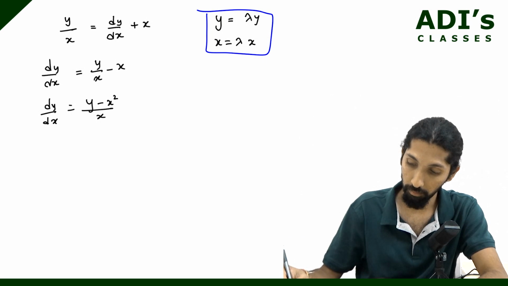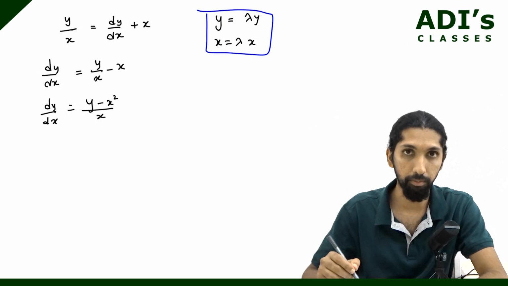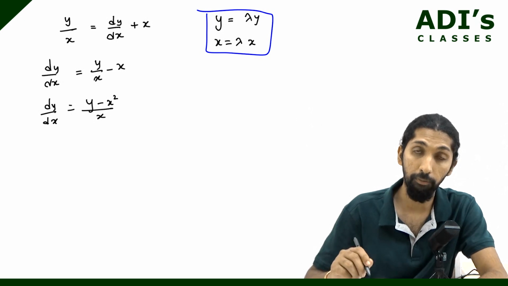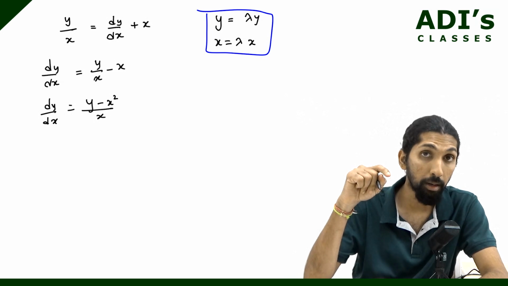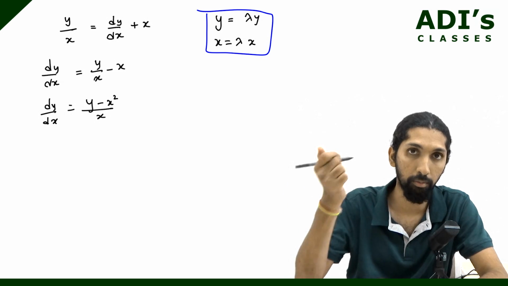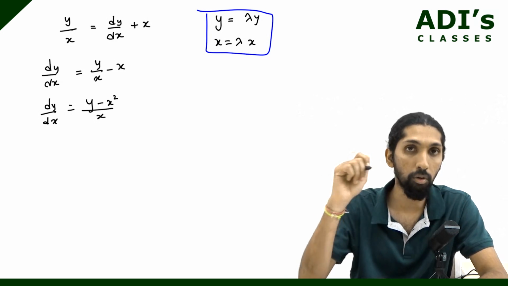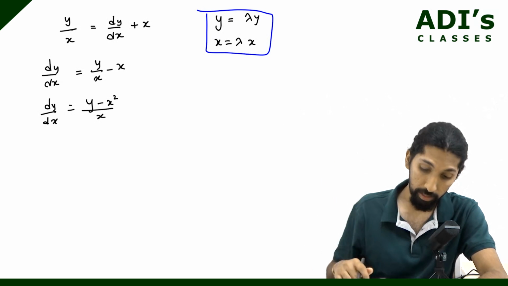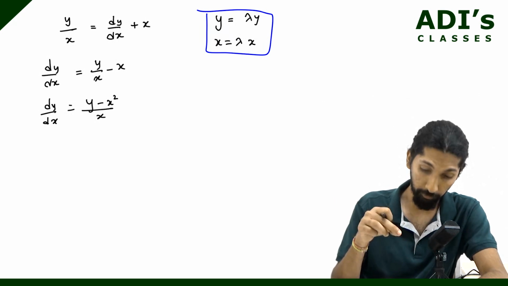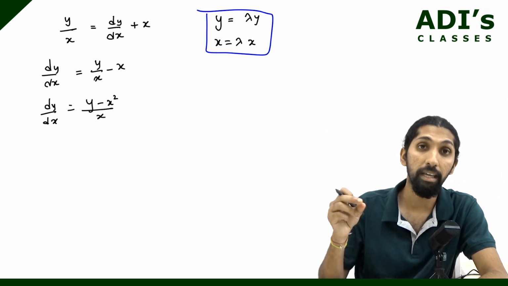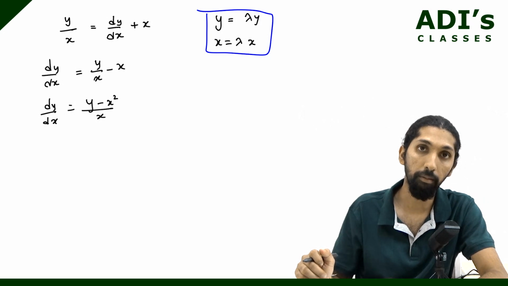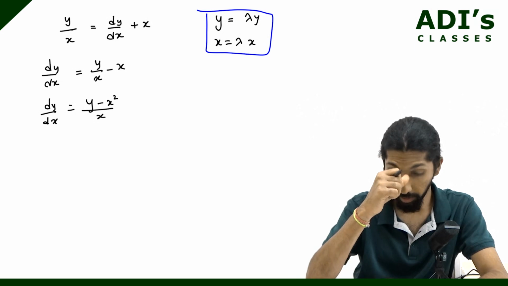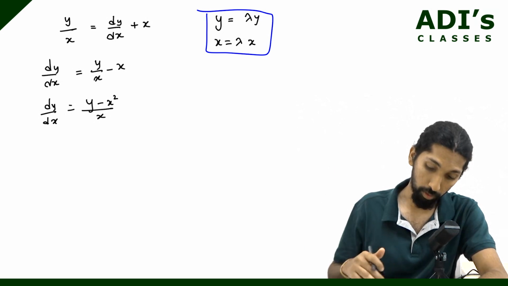When you substitute, if my function f of x comma y can be represented as lambda power n into f of x comma y, then it is a homogeneous function. Now let's try to understand whether the function we have written here is a homogeneous function or not.